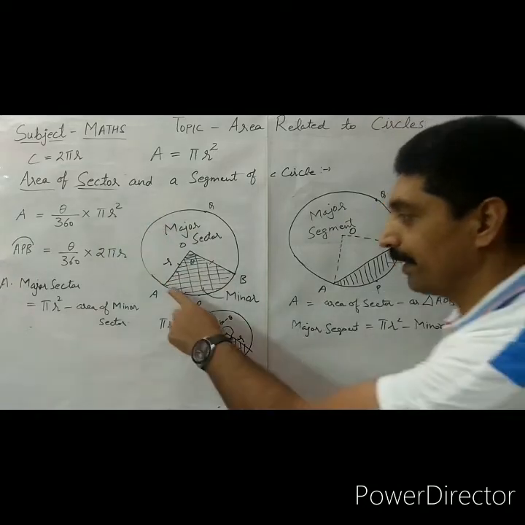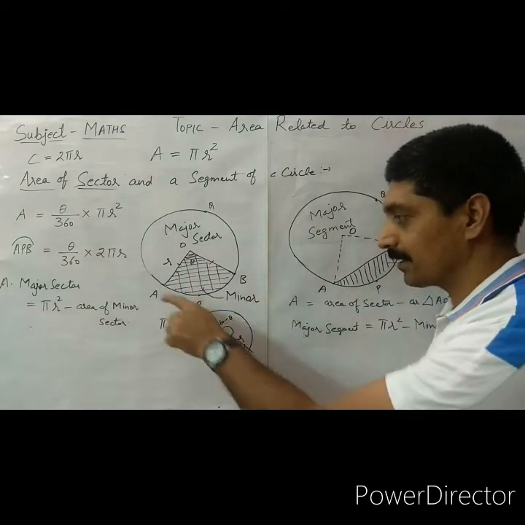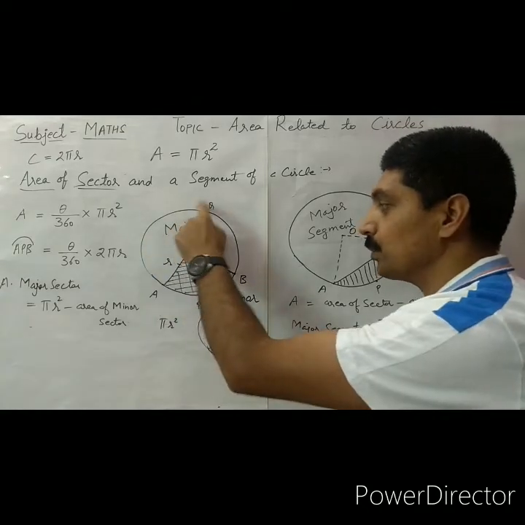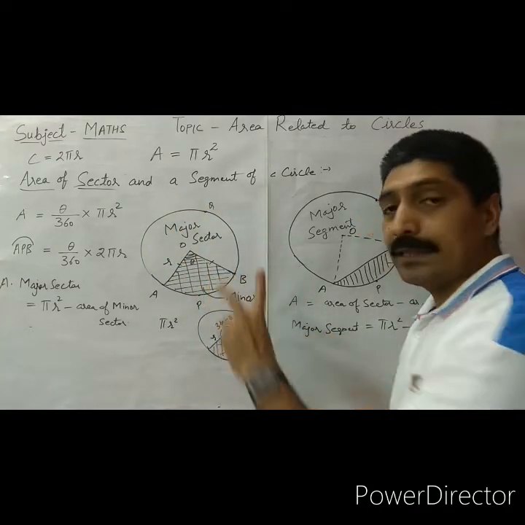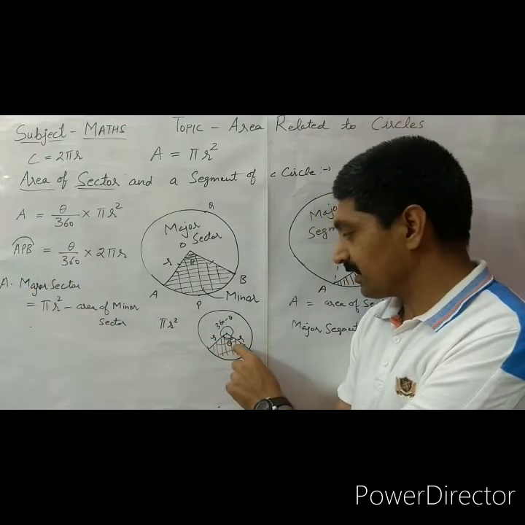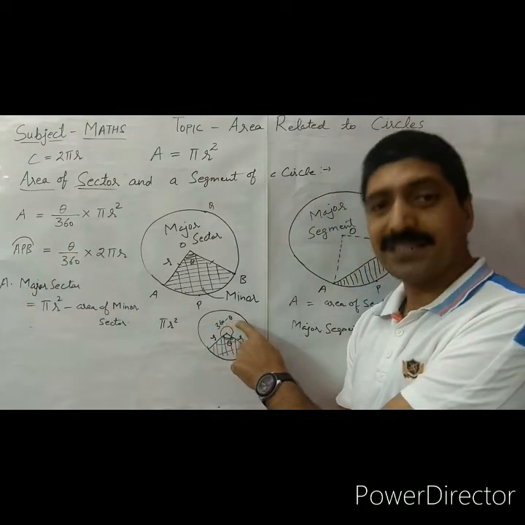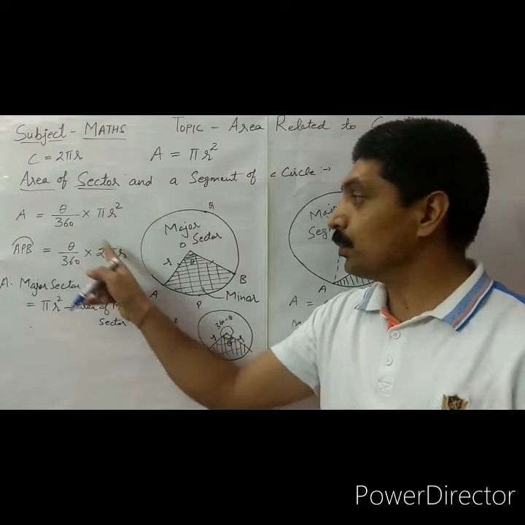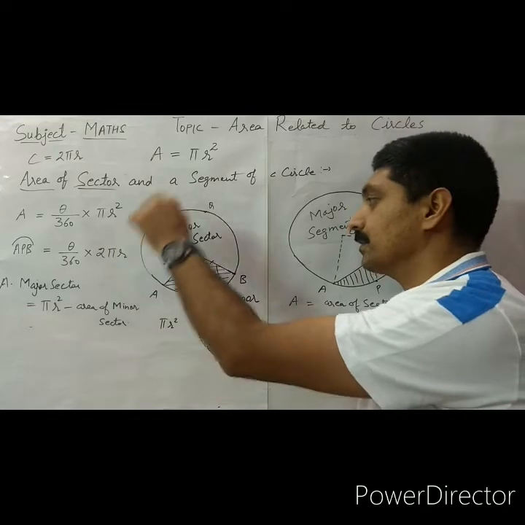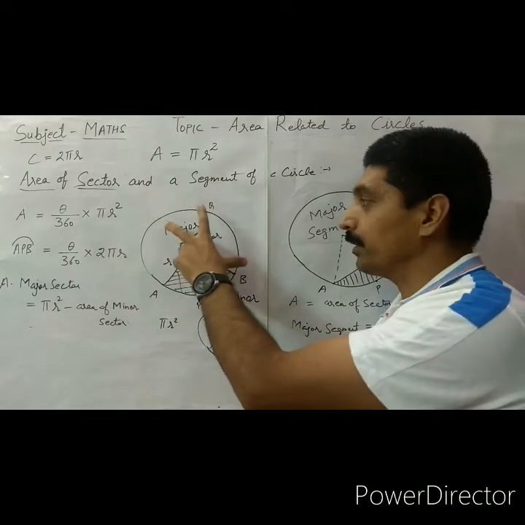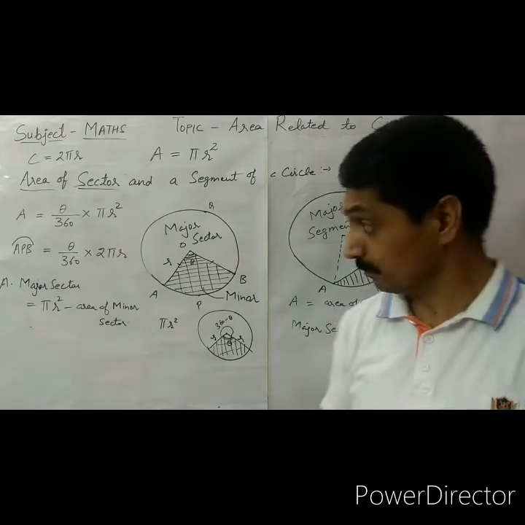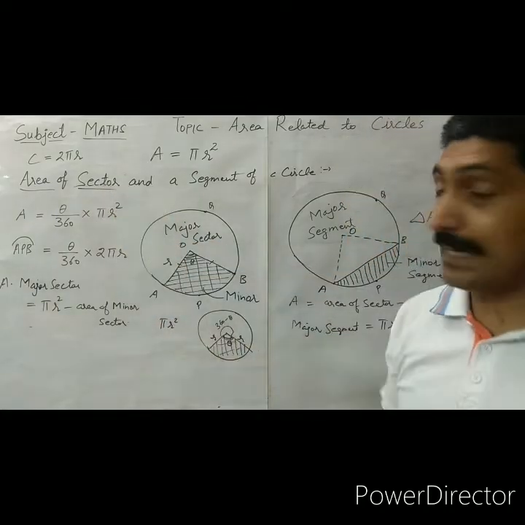And if we have to find the length of the arc APB or AQB, then the formula is theta, or 360 minus theta, upon 360 into 2 pi r, because the complete boundary, the circumference of the circle, is 2 pi r. So this is for the sector.